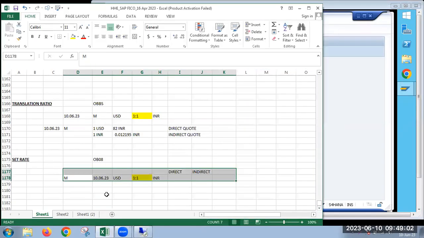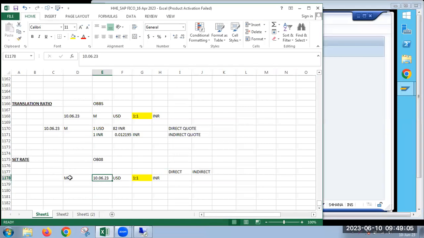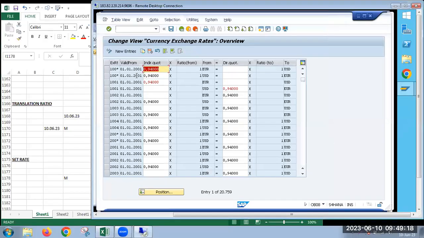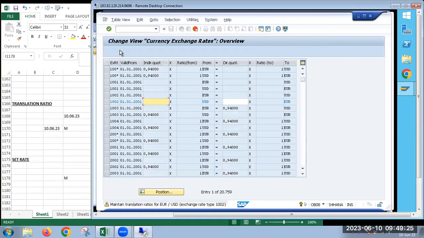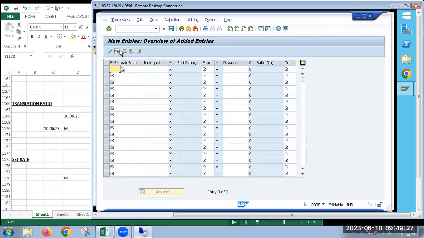So on a particular date with rate type M, from US dollar to INR, how many values can we have in one day? Only one. So here also for that particular date we will specify, though some configurations are missing. Simply enter. So rate type M, valid from today's date.